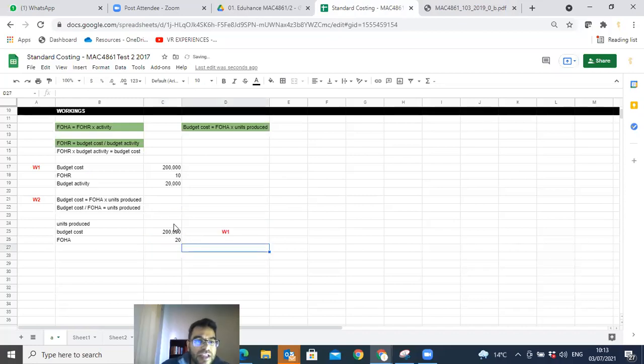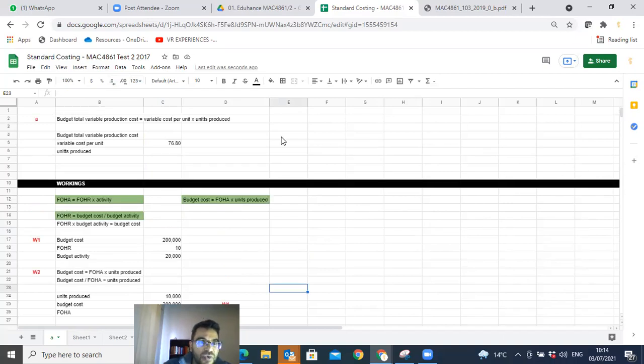So that will tell us how many units. 200,000 divided by 20. So the budgeted units to produce is 10,000 units. So now we know budgeted units is 10,000 units.